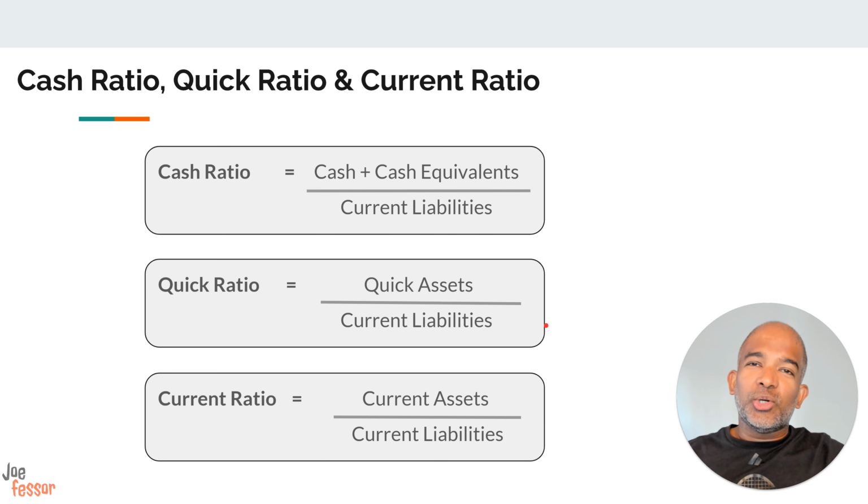Next is the quick ratio or acid test. This is the next level of stringency. The numerator uses quick assets, which specifically excludes inventory and prepaid expenses. Why exclude them? Because of the uncertainty regarding the timing of their conversion to cash. Inventory especially can take a long time to sell.